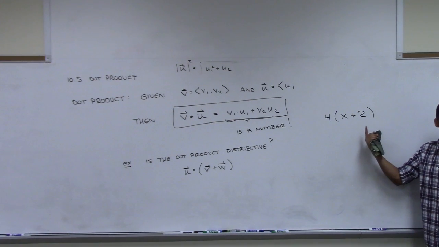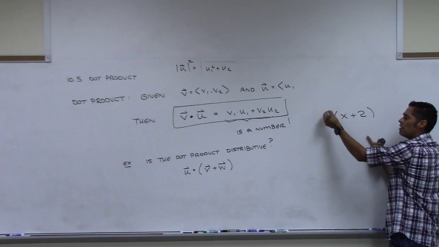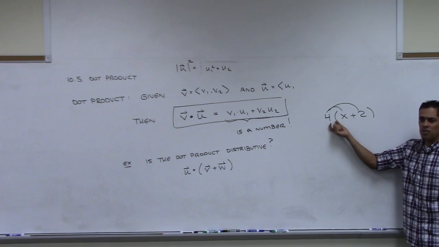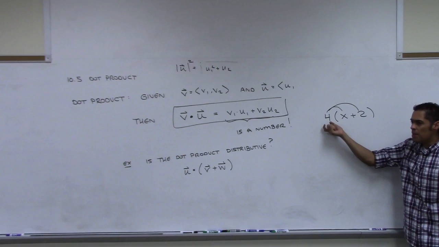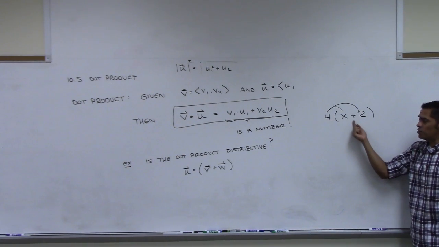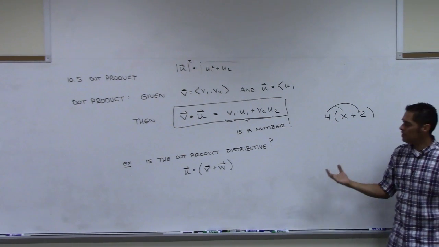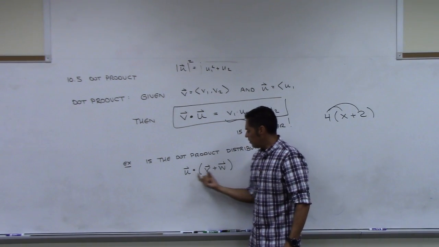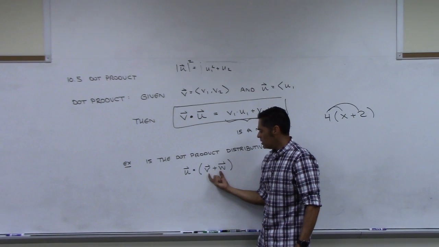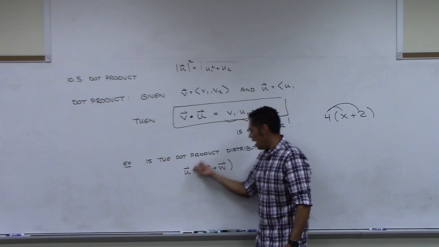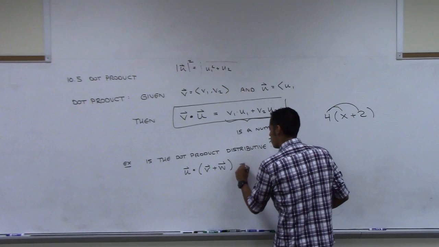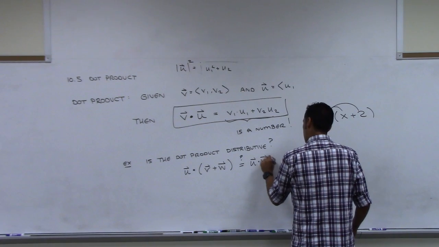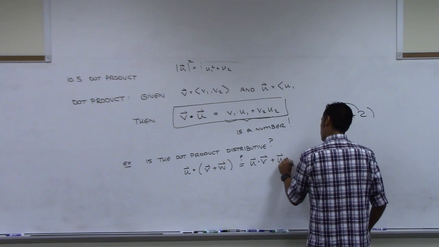You know, in algebra, we have this idea that if we have a number out here, we can distribute it. We call this distribution of multiplication over addition. We're distributing multiplication over an addition symbol. Do we have something similar with vectors? If I dot U with the sum of two vectors, can I just dot these and then add these dotted? So does this equal U dot V plus U dot W?